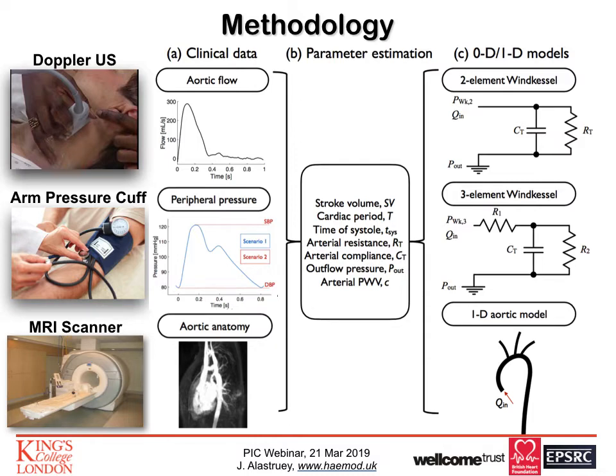From this input data, we can estimate cardiac and vascular parameters that are then fed into the 0D or the 1D models to produce the desired central blood pressure as output. I have already described the 1D formulation that is used for the 1D aortic model, and next I will describe the 3-element Windkessel model.